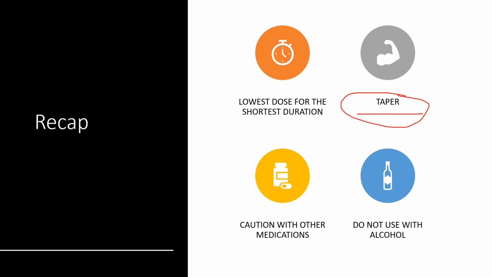As the pain is decreasing, the dose should decrease. Or if you've been on this medication long term and you're looking to get off of it, the dose will need to be tapered. Caution with other medications, again, so we can screen for drug interactions. And you don't want to use alcohol with this medication ever. Again, the respiratory issue, this medication and alcohol, you could stop breathing.